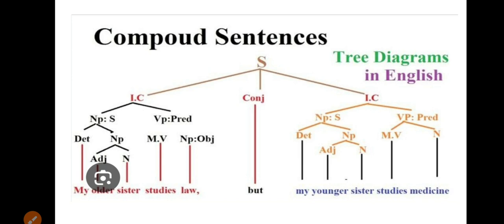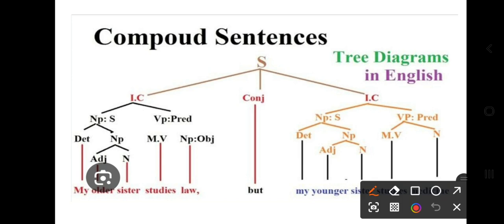Then "studies law" is a verb phrase. This way also you can do: "studies" is the main verb, and then the noun phrase "law", the object, so you can write just noun, no need to write NP.